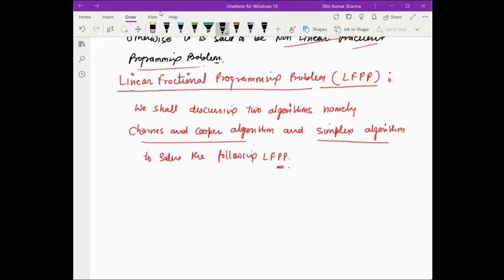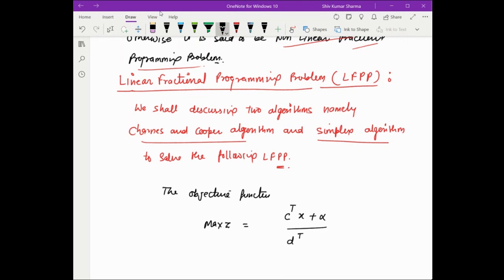So the objective function is in the form: maximize z equal to (c^T x plus alpha) upon (d^T x plus beta), where T means transpose.